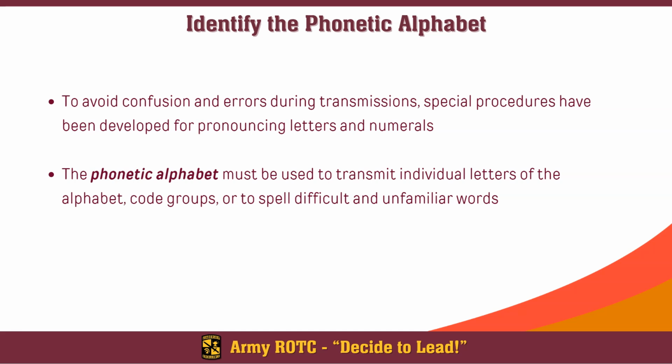So think of things like you've probably heard Alpha, Bravo, Charlie, Delta, Echo. That's your phonetic alphabet. Now, we don't use that to spell out every single word that we're communicating on radio. Like it says, individual letters of the alphabet, maybe code groups, and then anytime it's an unfamiliar spelling or a non-common way of spelling something, then you would actually use your phonetic alphabet to spell that word out.